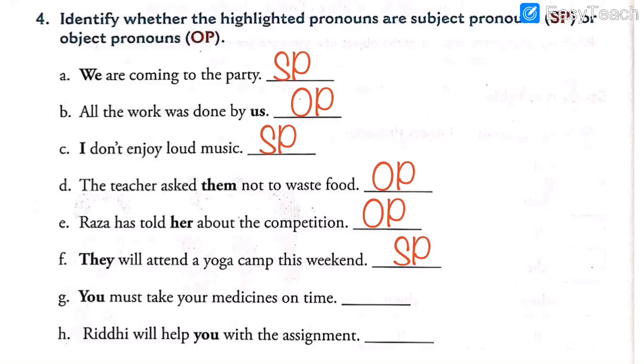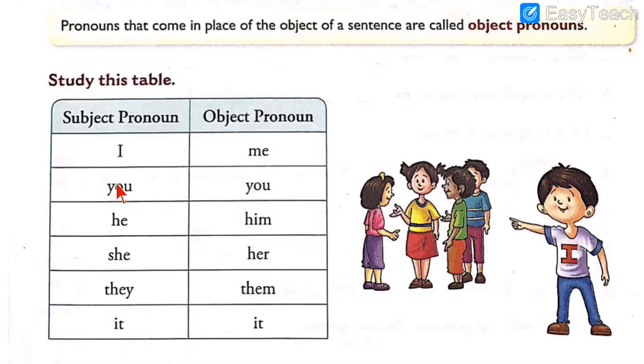But you is a pronoun which is common in subject as well as object. So now it will become difficult. How will you decide whether it is subject pronoun or object pronoun? As I told you, you can see over here, here is one boy, here more than one.